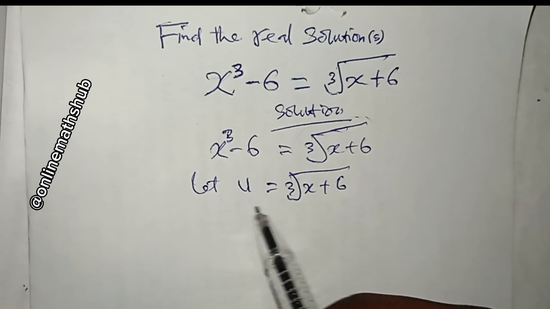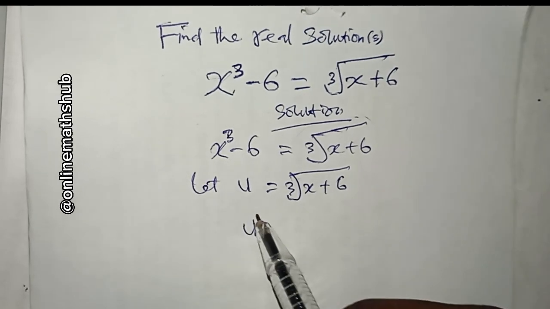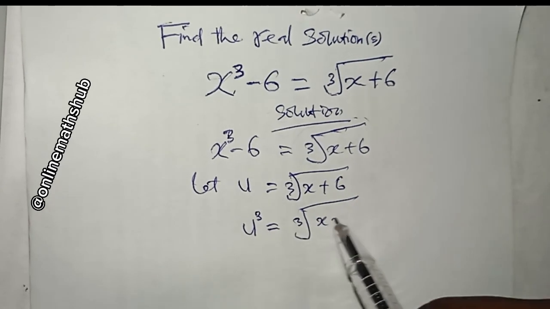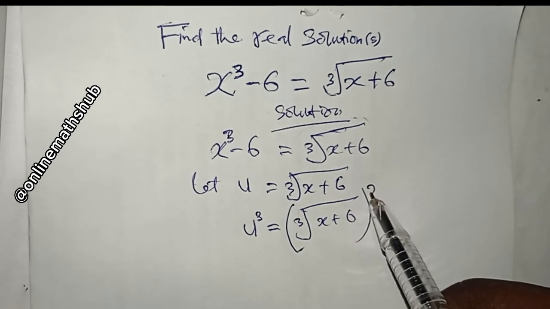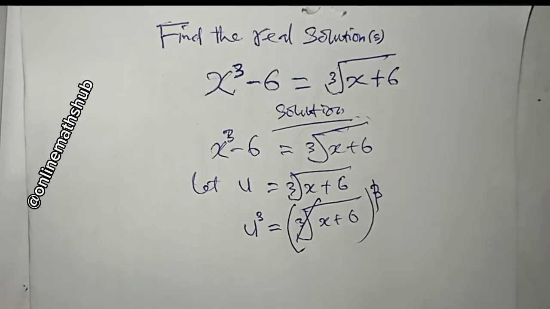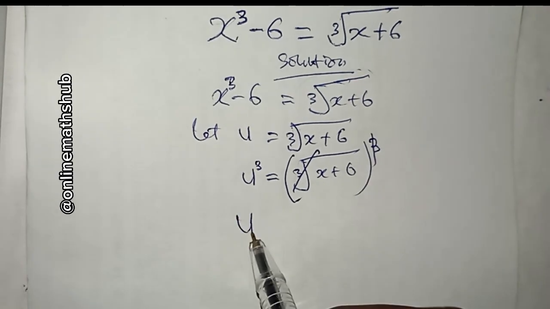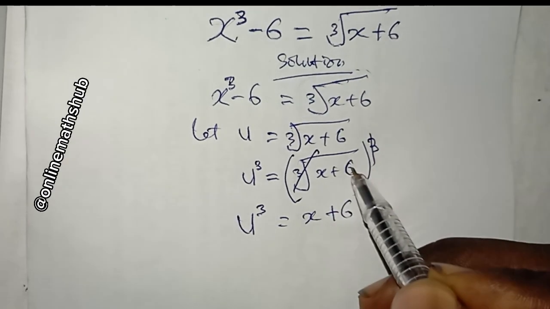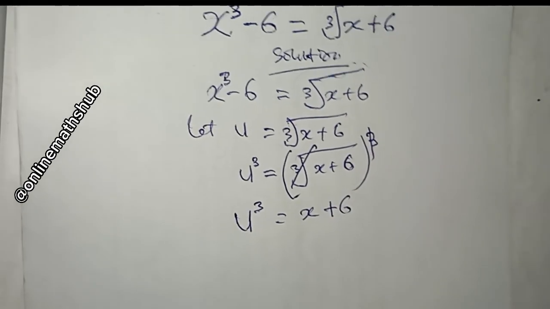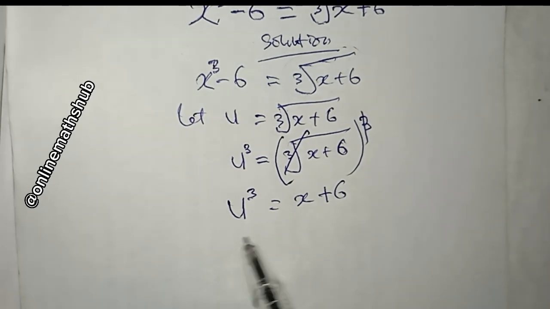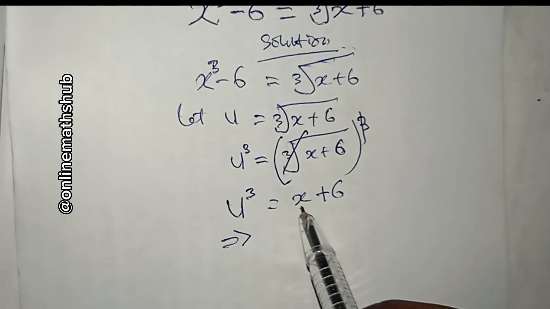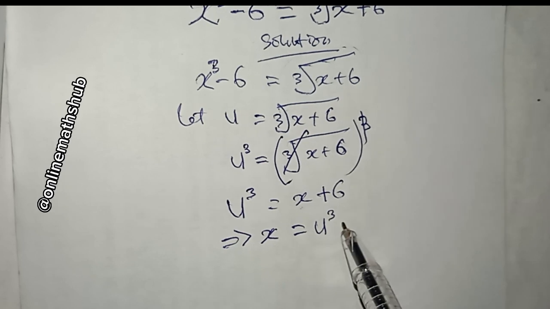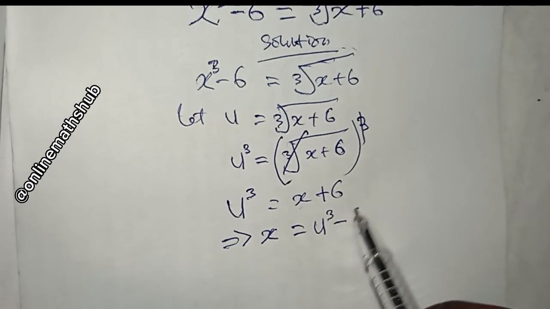Of course I can take the cube of both sides, so u cube gives me the cube root of x plus 6 to the power 3, so the 3 cancels the cube root, and you see that u cube is equal to x plus 6. This also implies, making x the subject, that x is equal to u cube minus 6.